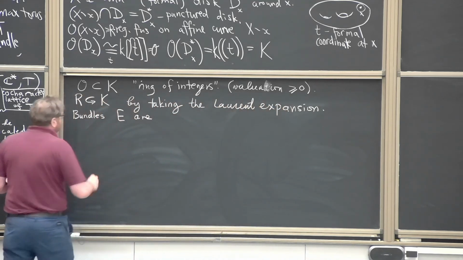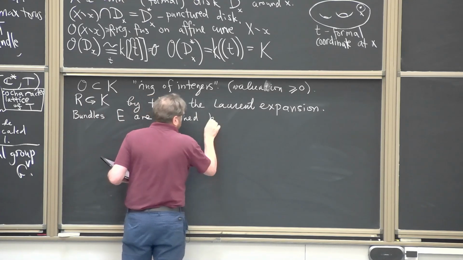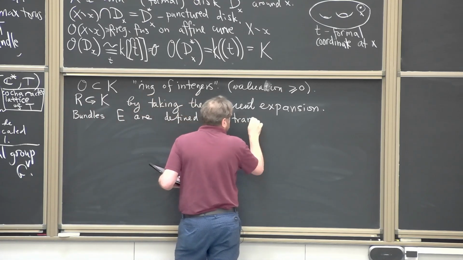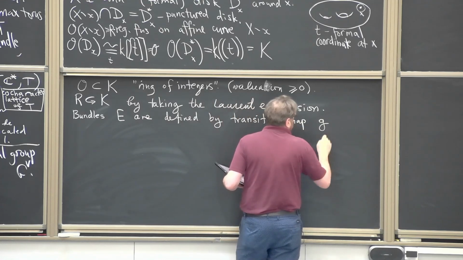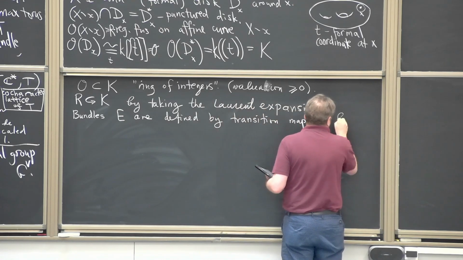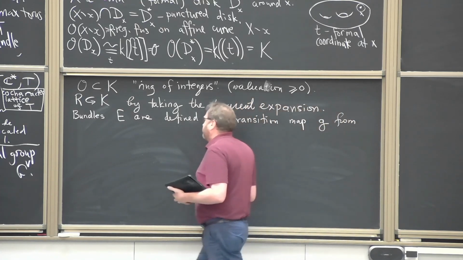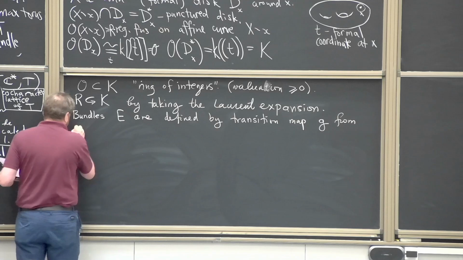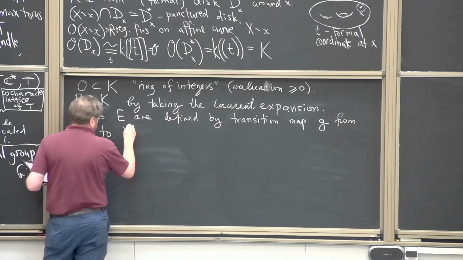So bundles E are defined by transition map G from one of these charts to the other. So let's say from the disk to X minus x.